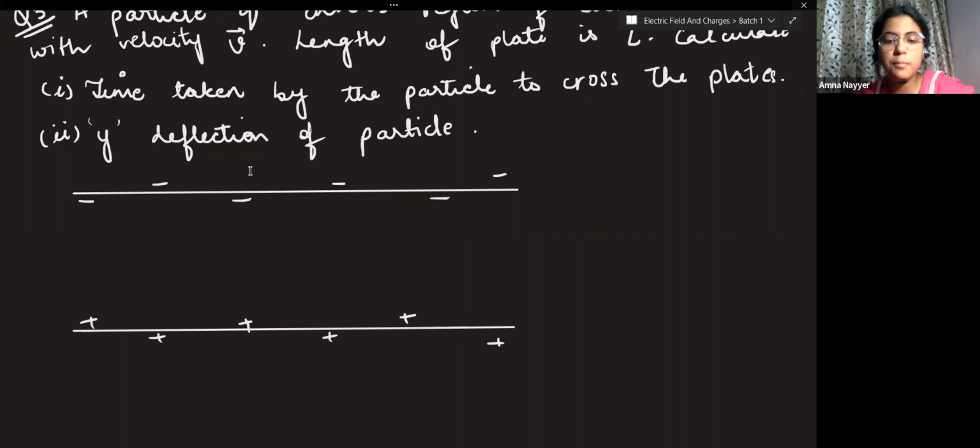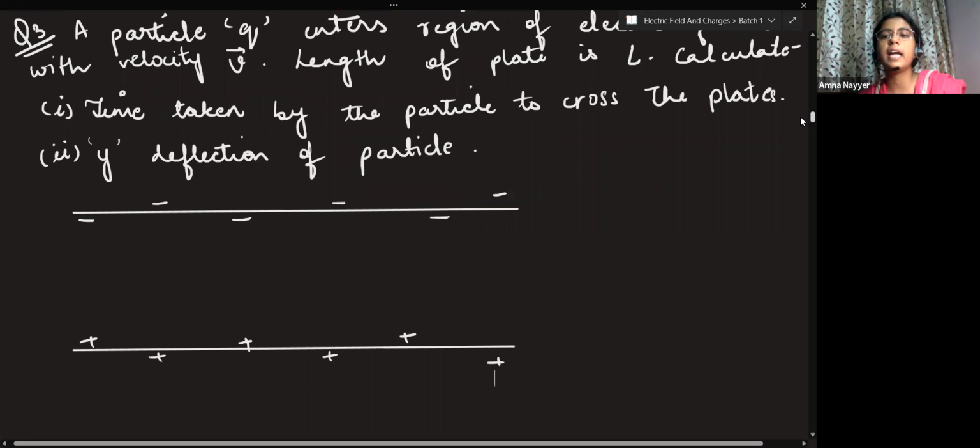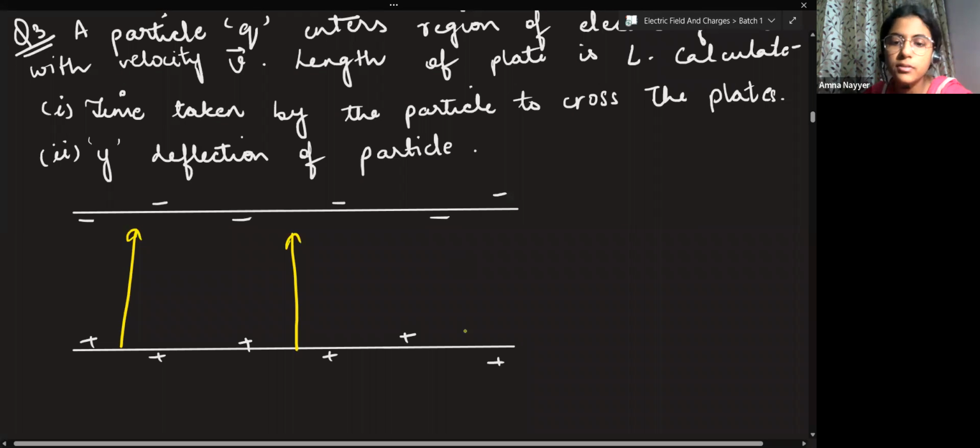So it says a particle Q enters a region of uniform electric field. Again, the direction of the electric field will be from the positive to the negative. This is your electric field. These are the electric field lines. That's why we have studied electric field lines prior to this topic.